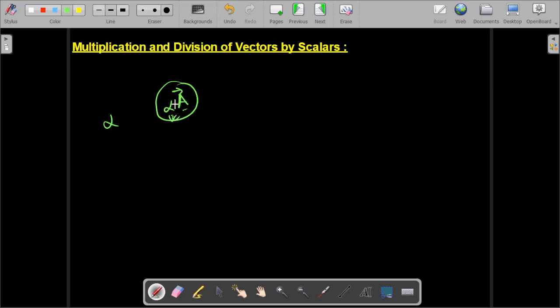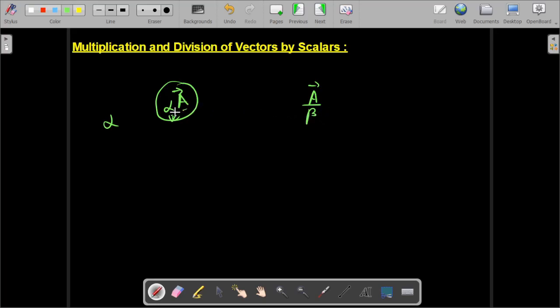This alpha can be any value, any number, it can be a constant also. Suppose beta is another scalar quantity, you can divide by it also.